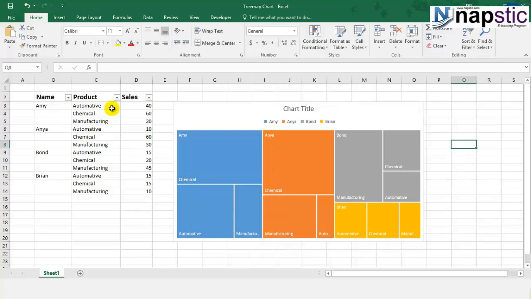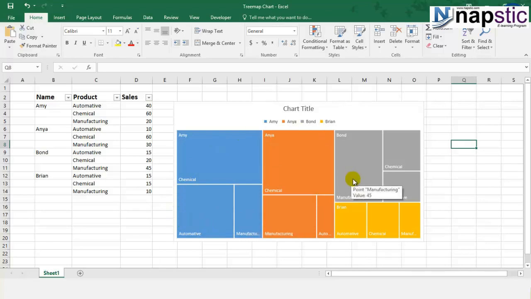Rightly so, the data is also like that. The value over here is 60. For automotive, it is a bit less, which is 40, and the third highest, manufacturing, is 20. So easily you can make out for Ami where she is contributing the highest: chemicals, second highest automotive, and third highest manufacturing.